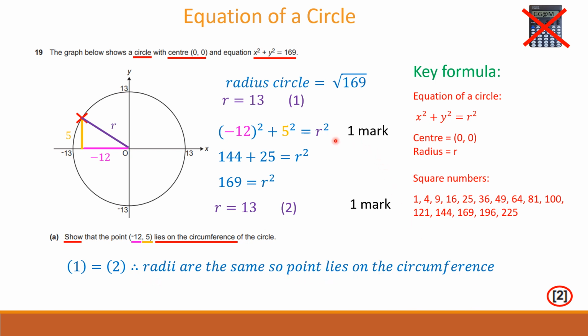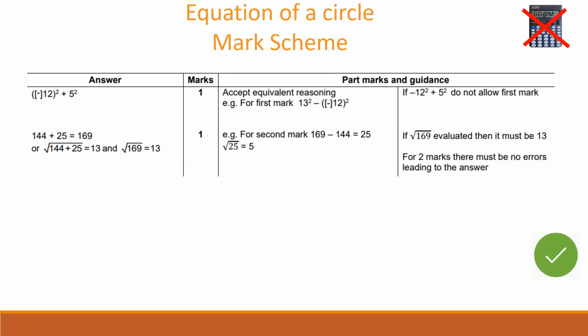You get your first mark for putting the values into the equation of the circle here, the negative 12 and the 5. And the second mark comes from working out the radius is 13, and you need to show it is the same as the radius of the equation of the circle to show that it lies on the circumference to get your full 2 marks for this question. The mark scheme on this question shows there's 1 mark for doing the negative 12 squared plus the 5 squared.